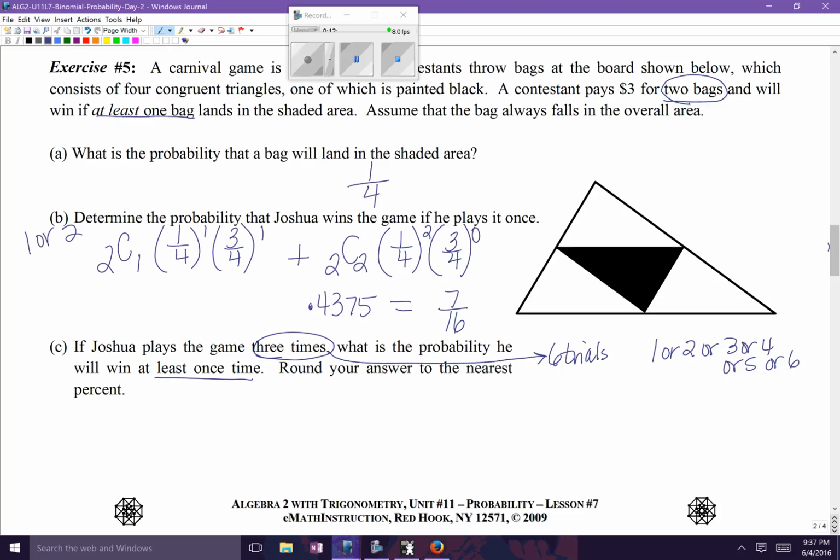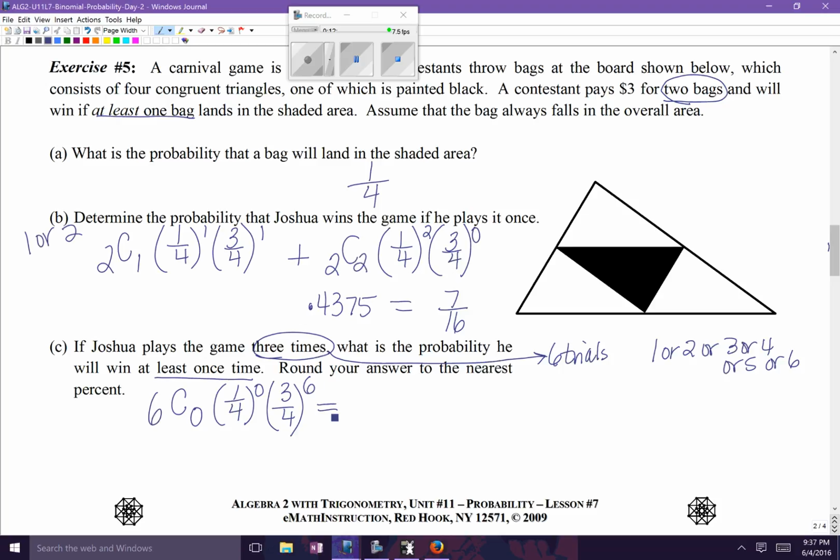Or I could come from the reverse direction. I could calculate the probability out of 6 trials that I am successful 0 times. Well, the probability of me being successful is 1/4. I want that to happen 0 times. I'm going to be unsuccessful 3 out of 4 times, and I want that to happen 6 times.